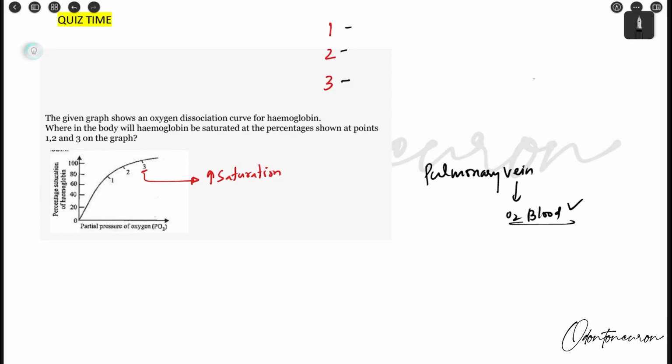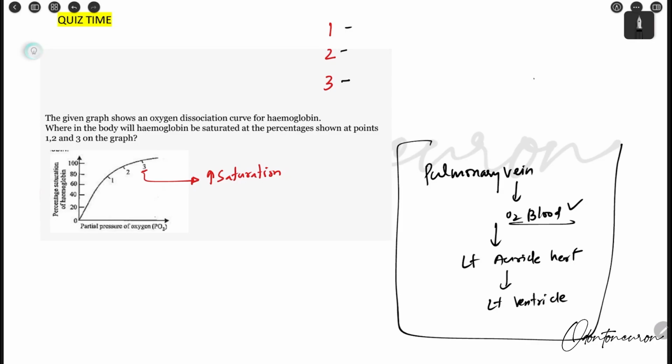Now, from the pulmonary vein, blood comes from the lungs towards the left auricle of the heart. From the left auricle, it moves to the left ventricle. So I should have given options here, but yes.